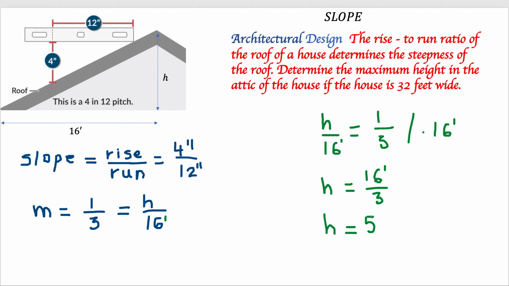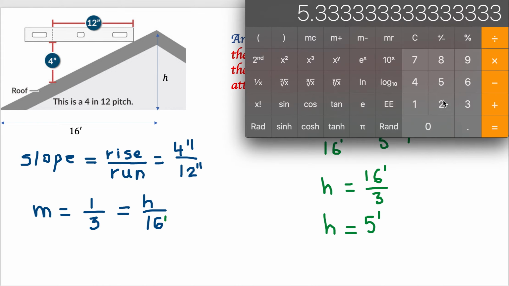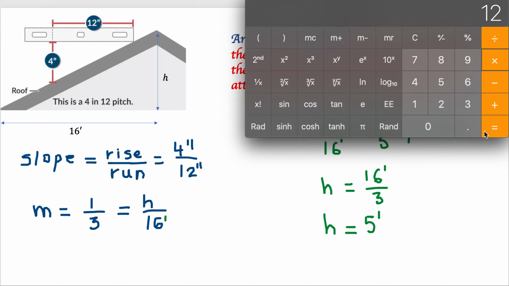We can write 5.33 feet, or if we want to convert to inches, we write just 5 feet, and subtract the 5 because I need just the decimal part. 0.3333, and I want to convert it into inches. I multiply this by 12, and let me see what we get.